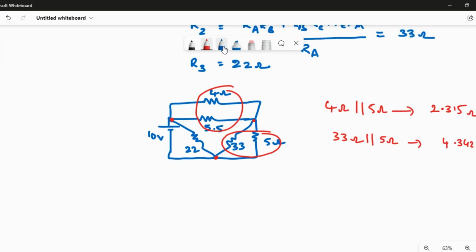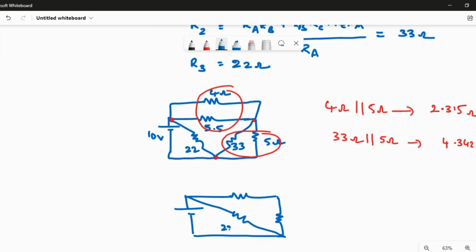Now replace those two parallel combinations with the equivalent resistances. This is the equivalent, and this resistor is 22. This equivalent we got is 2.315 and this equivalent is 4.342.